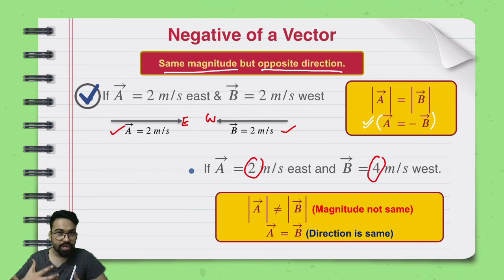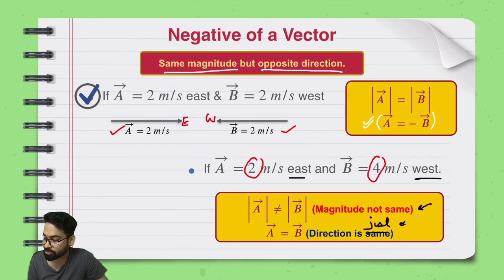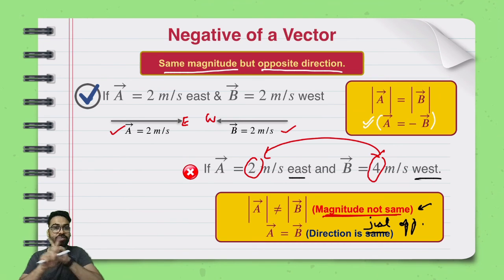The magnitude is not same, and even though the direction is actually just opposite, you will not call it negative of a vector, because your magnitude was not same. As soon as you find that the magnitude is not same, you can say that this is not negative of a vector. These are just two vectors in opposite directions, but they are not negative of each other. The magnitude needs to be same. I hope this point has been focused upon in this case.